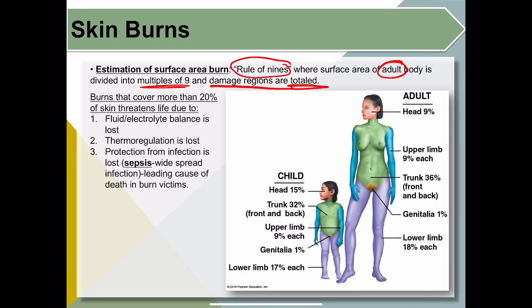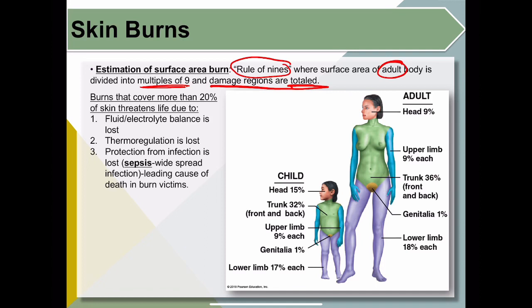So burns that cover more than 20% of skin are usually life-threatening, due to all those important functions the integumentary system serves. It's supposed to protect us against dehydration and fluid loss.